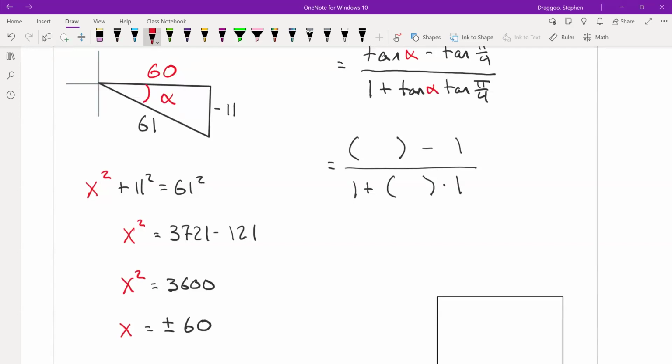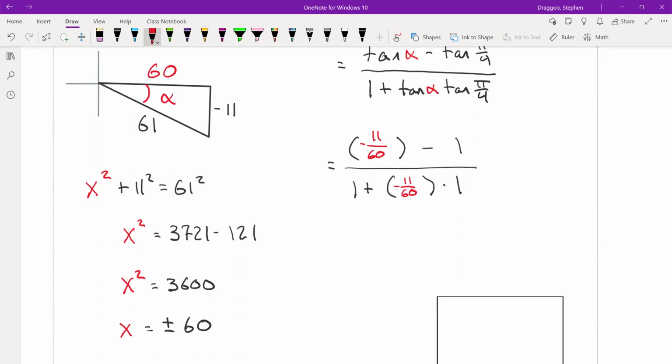And then I can use all of that to go get the tangent of alpha, the tangent of that triangle. Tangent's opposite over adjacent, so we're looking at negative 11 over 60. And we can also check ourselves real quick. We know we're in the fourth quadrant, and in that fourth quadrant, x values ought to be positive.